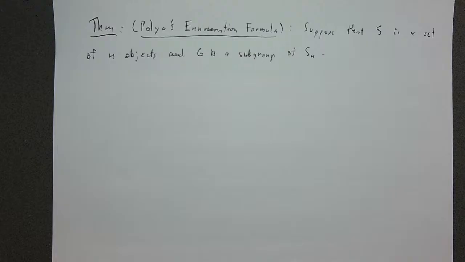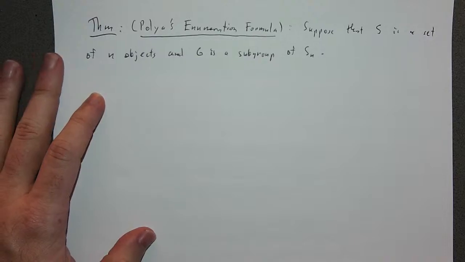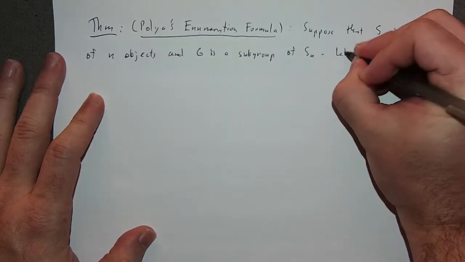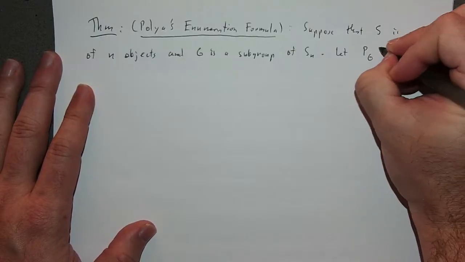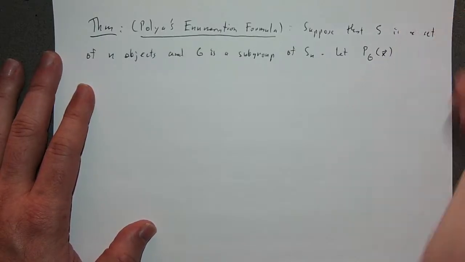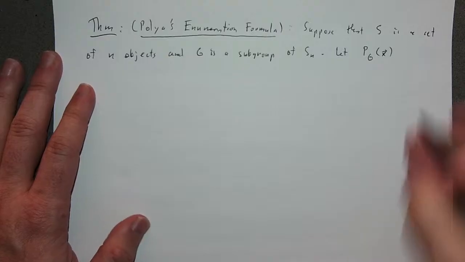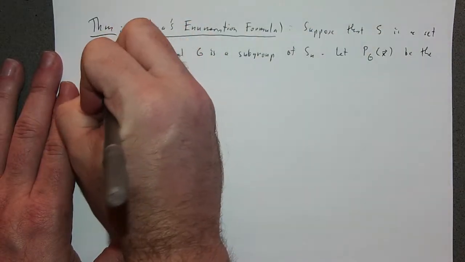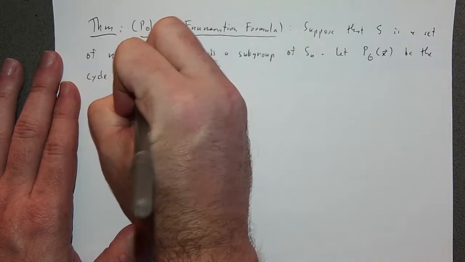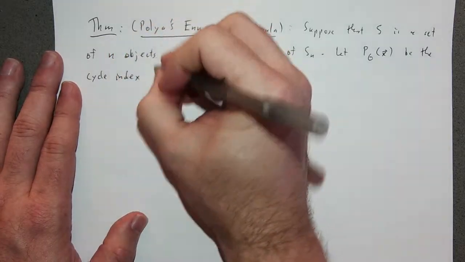Well, all the groups that we're talking about here, all these finite groups that we're discussing. So anyway, let the cycle index be denoted as before by p sub g of x. So let this be the cycle index of g.